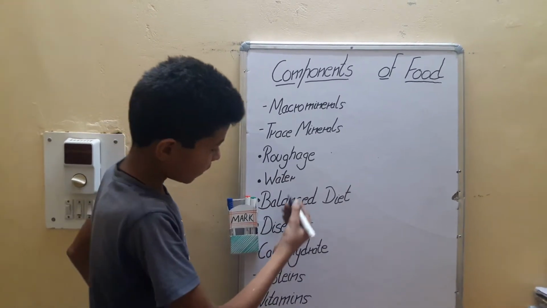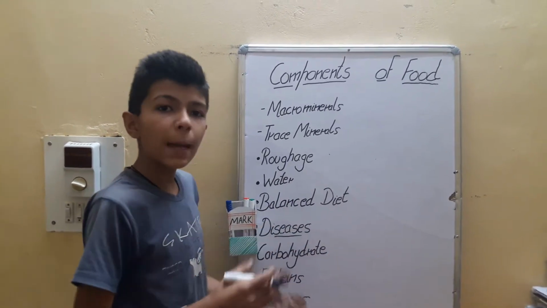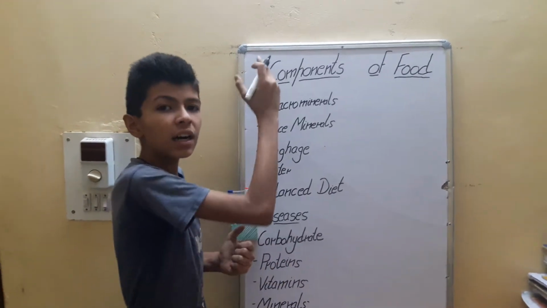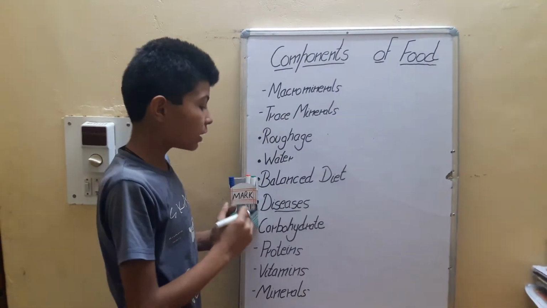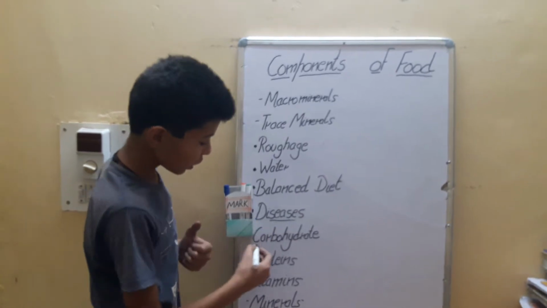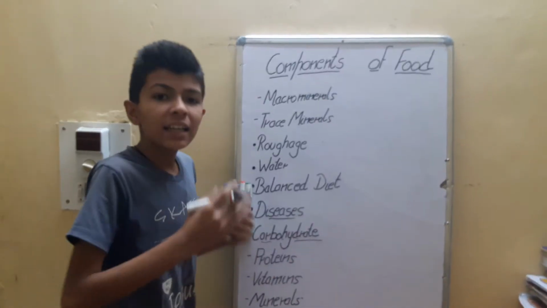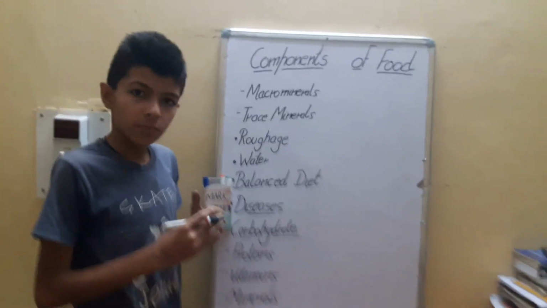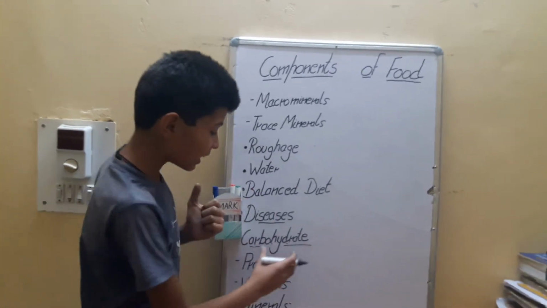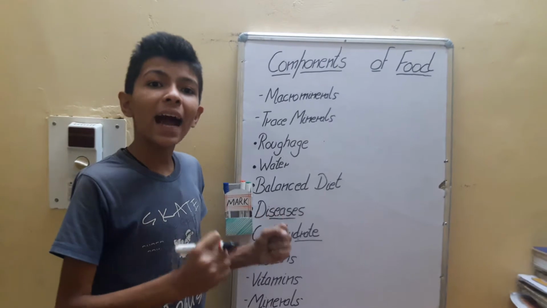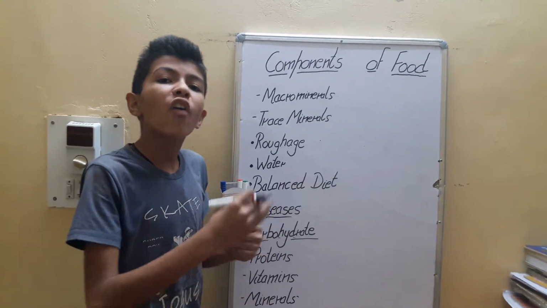Then we have diseases. What happens if we do not eat the right amount of these? We get a disease. If you do not eat carbohydrates, you will get tired often.